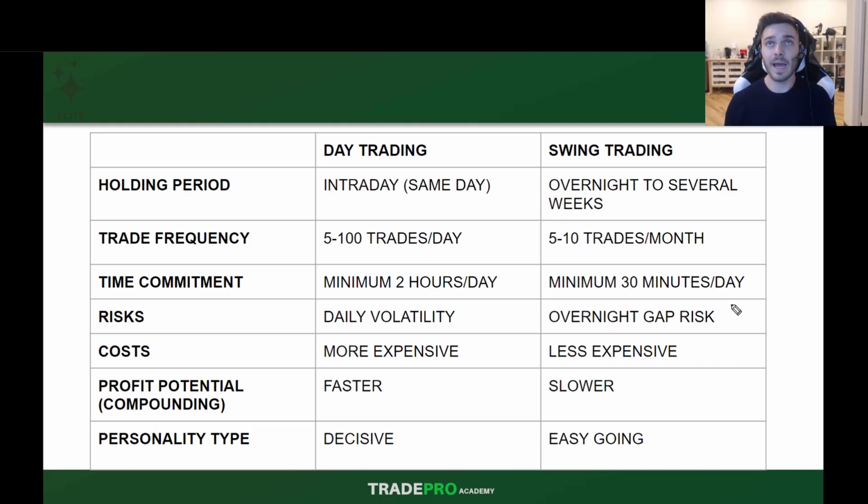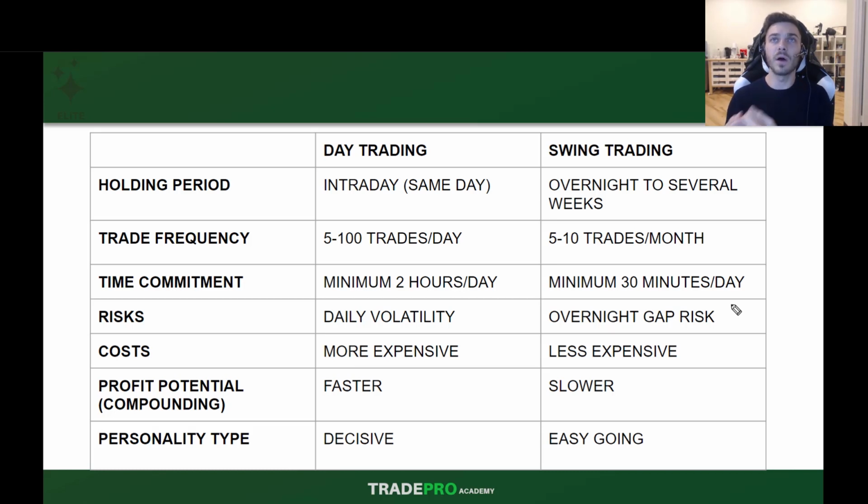What overnight gap risk means is simply that when the market closes, let's say you're long Facebook, and then as the market's closed, there's a big report that drops, such as the Cambridge Analytica scandal, right? It's a very negative report. What's likely to happen is the next morning when the stock market opens up, that stock's likely going to gap down lower.